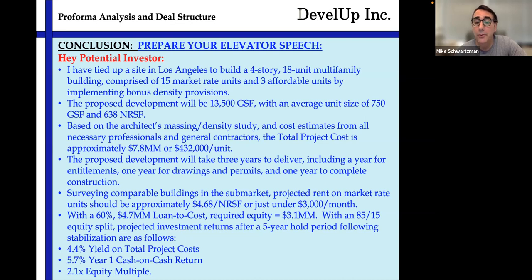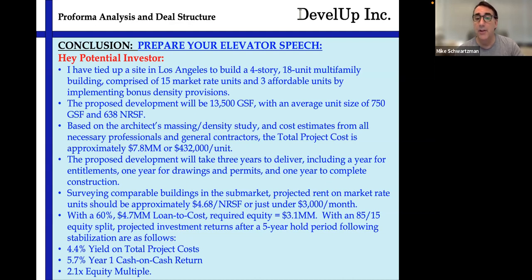The proposed development will take 3 years to deliver, including a year for entitlement, a year for drawings and permit, and a year to construct. Surveying other buildings in the market and projecting rent on market units, I'm at approximately $4.68 per net rentable square foot, or just under $3,000 a month, with a 60% loan to cost of $4.7 million and required equity would be $3.1 million.